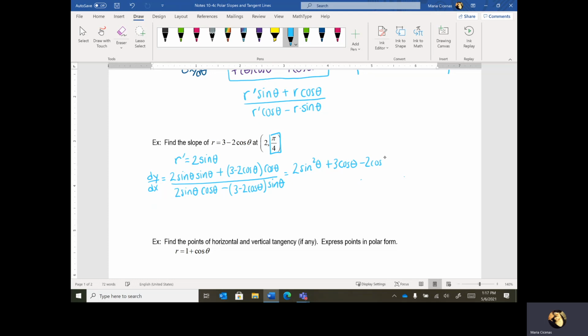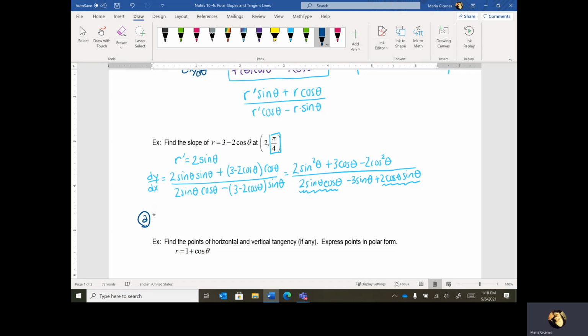I think I'll at least do this distributing. So distributing allows me to see a little more easily that there are going to be like terms. So maybe I'll at least combine that when I evaluate it.